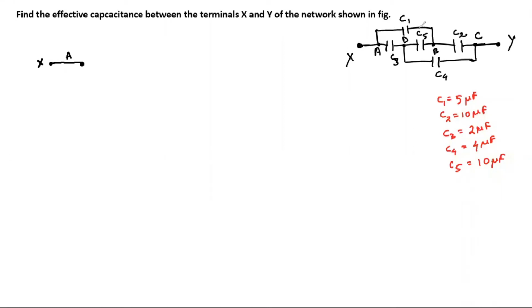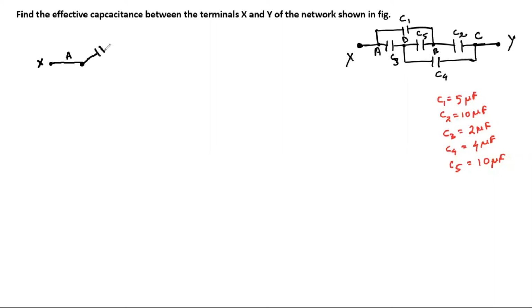This is my first branch where the C1 capacitor is, extending to this point B, and the second branch is leading to this point D where the C3 capacitor is connected.